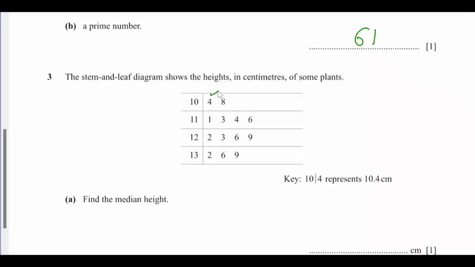So let's count from the back, 1, 2, 3, 4, 5, 6. So this is the median height, and that will be 12.2. So let's go to the next question.